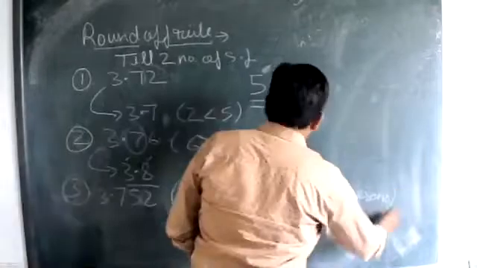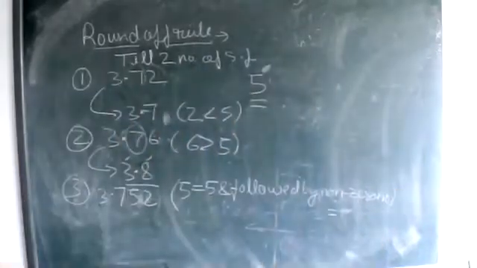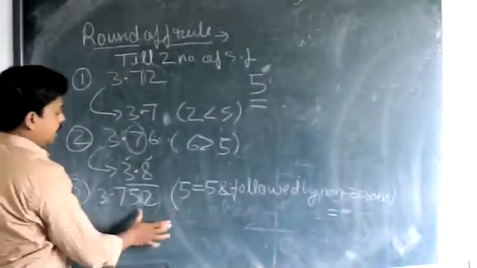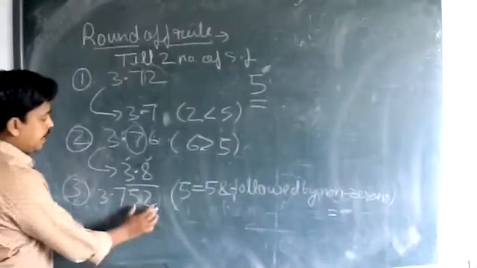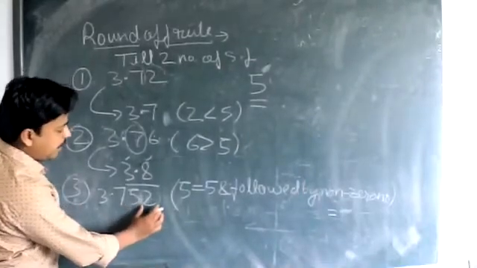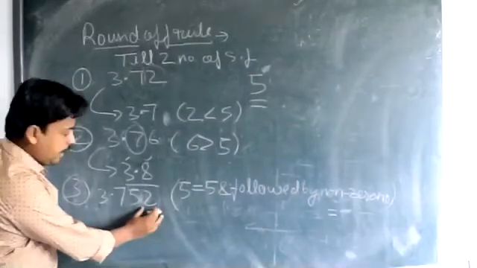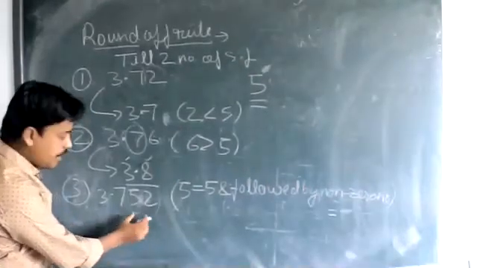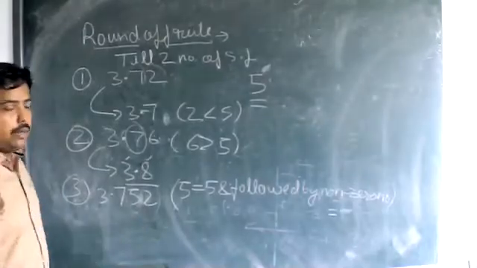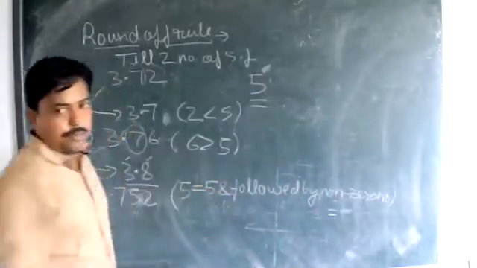So in this case what we will do? These get eliminated, but we will not take this into account. We are just taking into account the number which is equal to the parameter, 5.